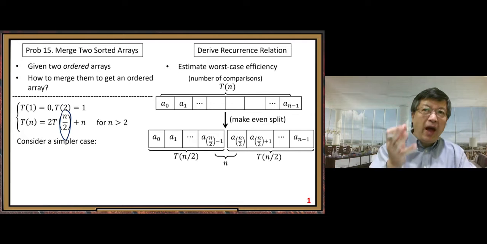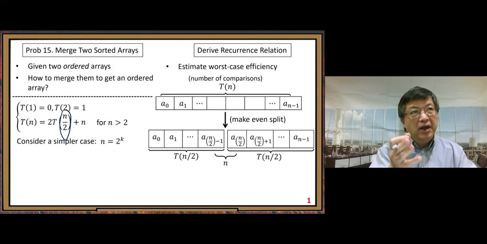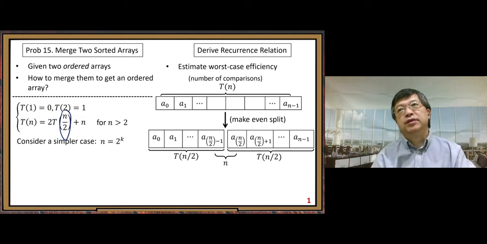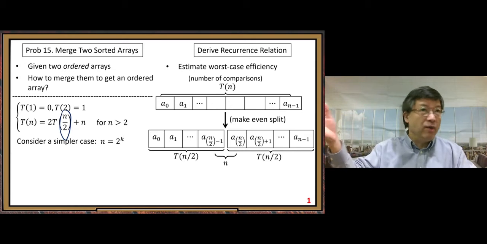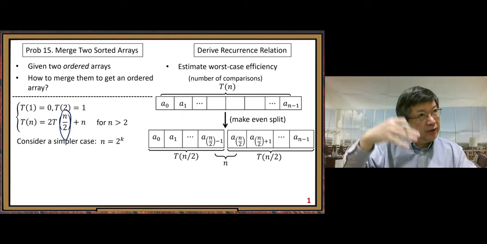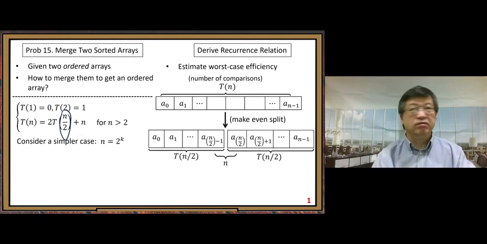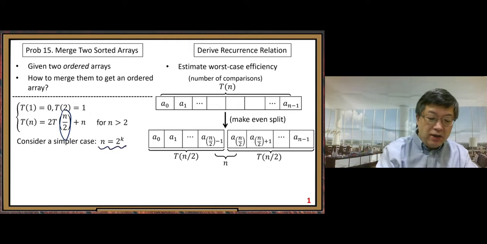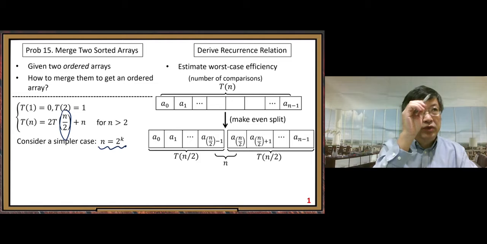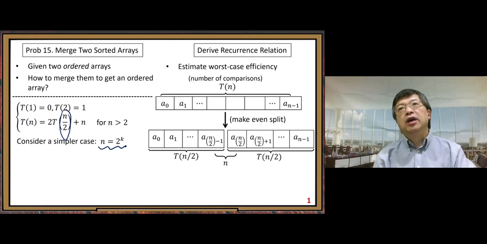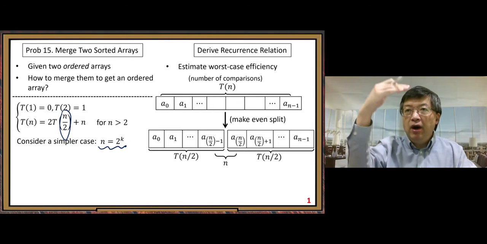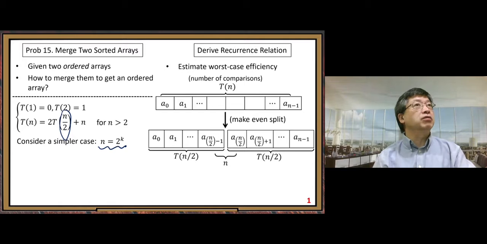To avoid that complexity, we make n a power of 2, 2 to the k. In that case, we do not need to worry about the n over 2 situation. So let us use n equals 2 to the kth power to simplify the original recurrence relation. What can we get?